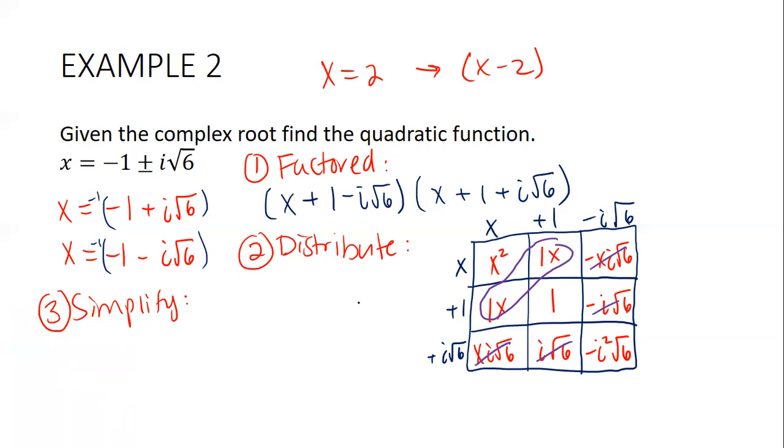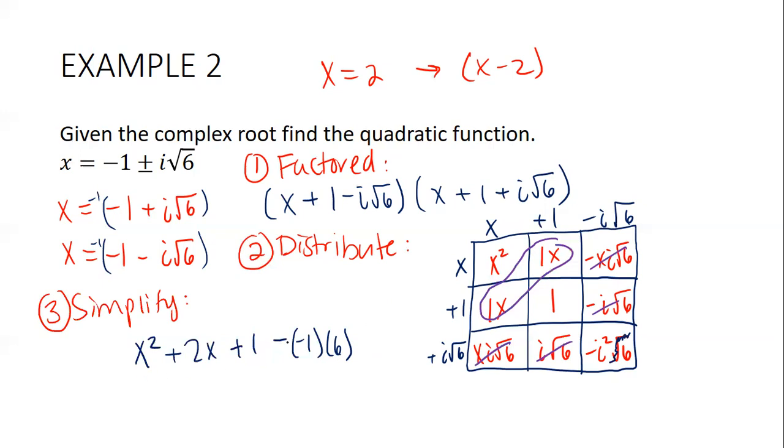So when I simplify, I have x squared plus 2x plus 1 minus, what is i squared? Negative 1. And I didn't mean to write the square root. Dang it. Times 6. Because when you multiply a square root times itself, it sets it free.